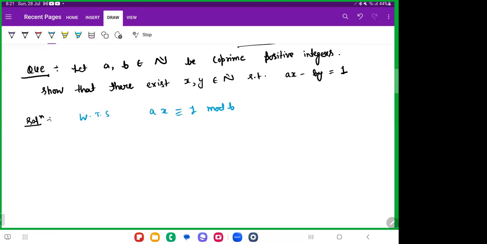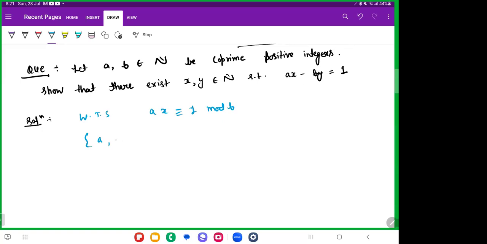So what is the idea? Can you give me something? Think about Euclid's lemma kind of thing and try to construct, use pigeonhole somewhere and this kind of idea. Can you think of something? Let me give you something more. Consider this sequence or set, whatever you want to say. a and b are given to you, right?